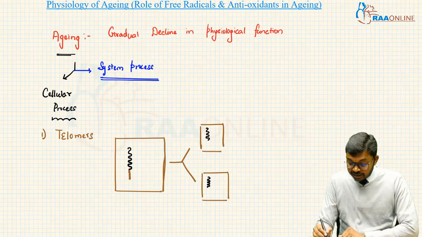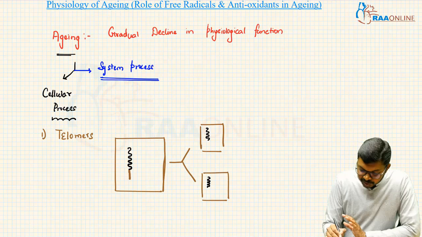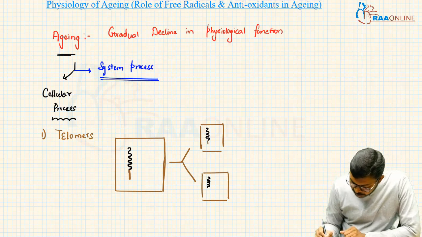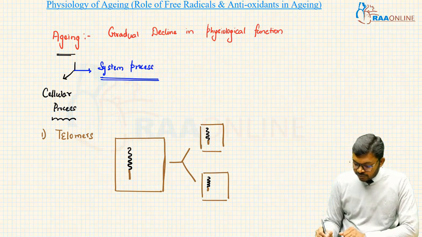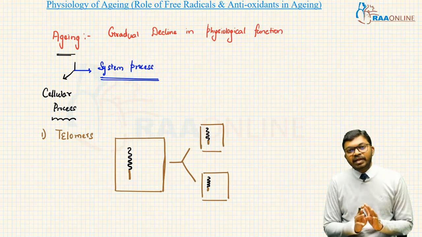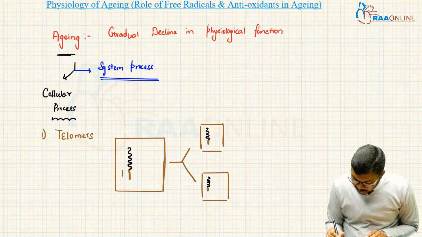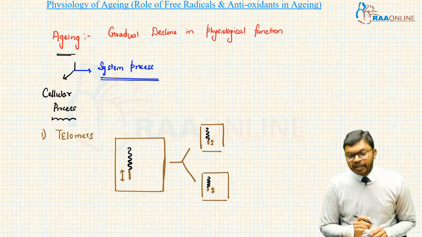If you compare the sizes, the chromosomes retain their size, but the length of telomeres has actually decreased. What was a lengthier telomere at the parent cell, as the division takes place, keeps getting smaller and smaller and smaller.